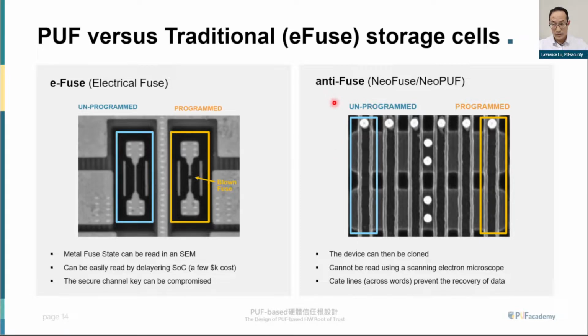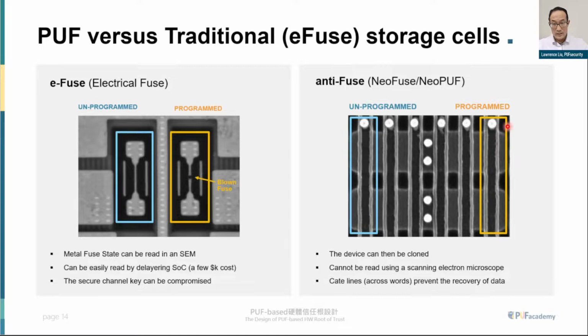And traditional roots of trust conventionally rely on e-fuses, which are simple and robust, but as you can see here from the diagram, this electron micrograph, it's easy to actually tell if the cell is unprogrammed versus programmed, compared to an anti-fuse based or PUF-based root of trust, where the programmed and the unprogrammed cell are virtually identical under examination under the microscope.